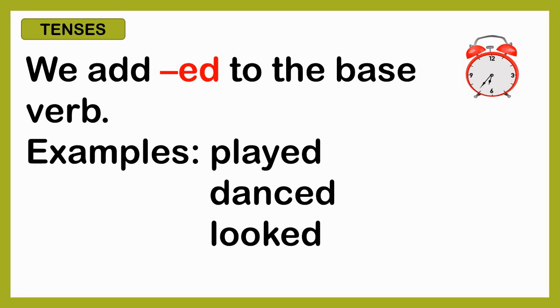Children, in this case, the verb simply ends with ed, means we add ed to the base verb. Now let's see the examples. Played, danced and looked. You can see these verbs end with ed.